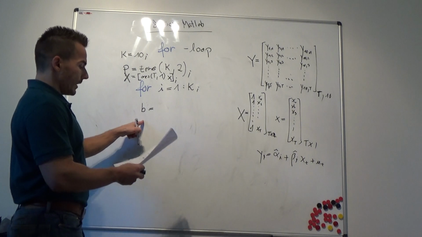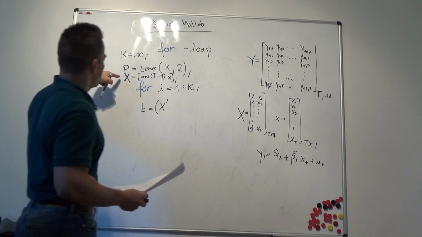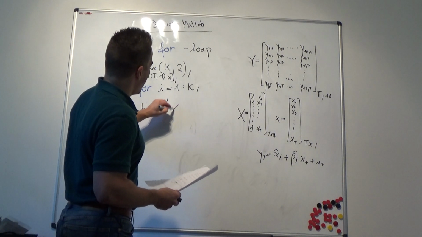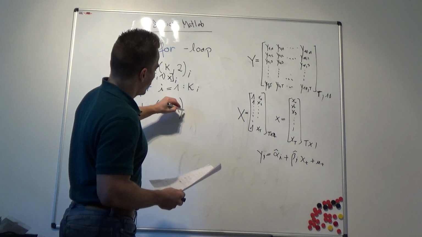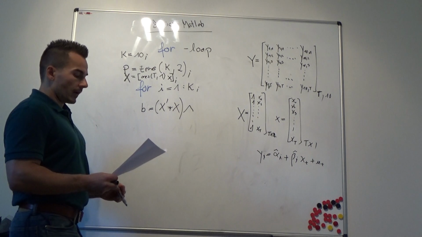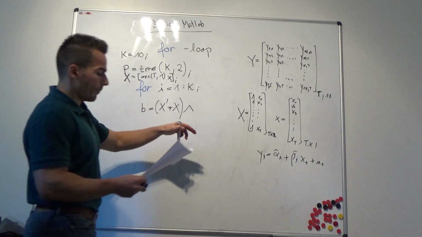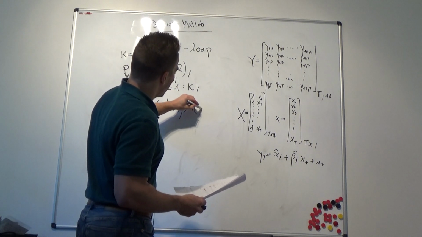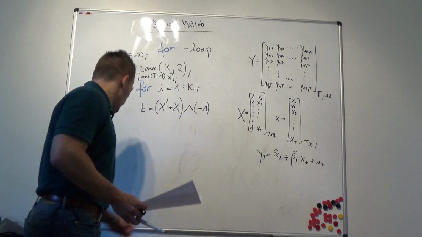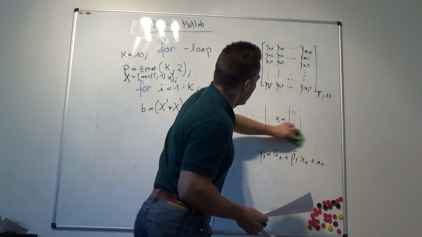So we can just write now a well-known formula: X transposed, star, the X matrix itself, then this guy here, which means take what is here to the power of minus 1.